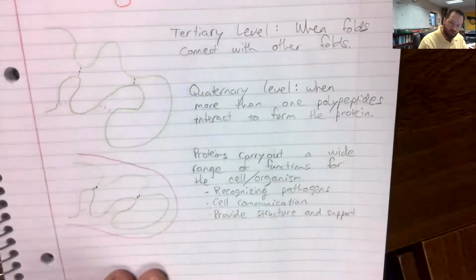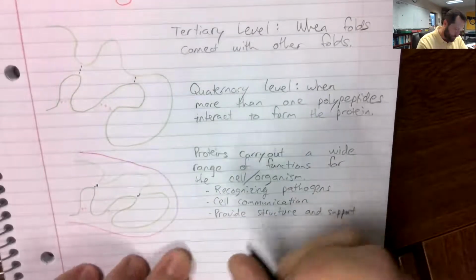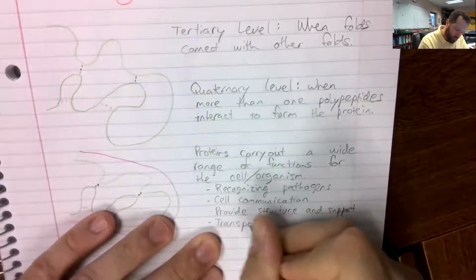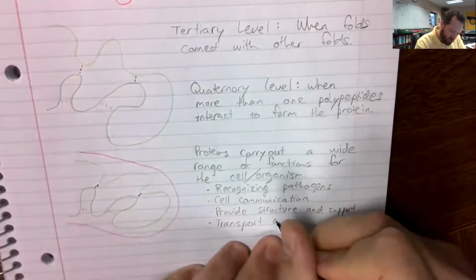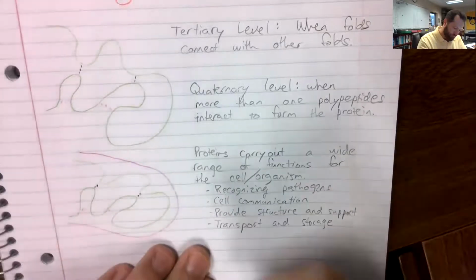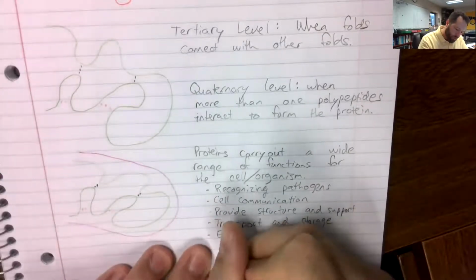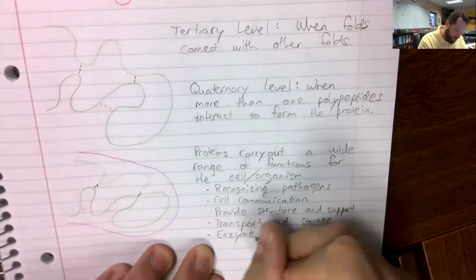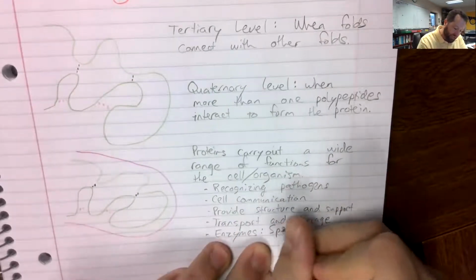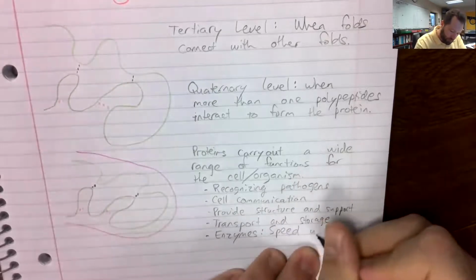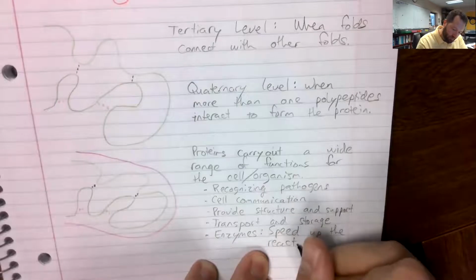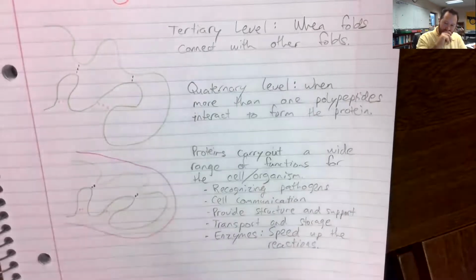They provide structure and support for the cell. We'll see in a few chapters that they are involved in transport and storage of goods. And probably the big one we'll focus on this chapter, they work as enzymes to speed up the reaction. That's what enzymes do. They speed up the reactions.